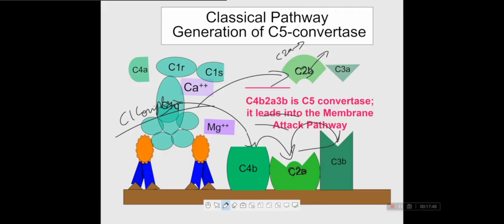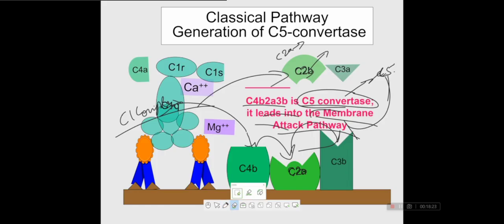So C4b, C2a and 3b is a C5 convertase, and it leads into the membrane attack pathway. When this C5 convertase is activated, it activates C5, and after that, this C5 helps in the membrane attack pathway. Clear?